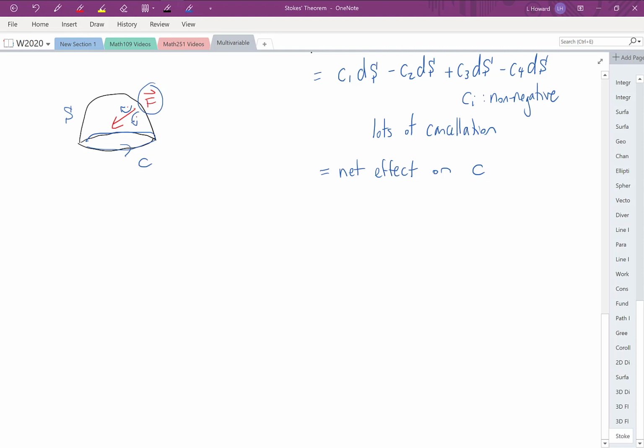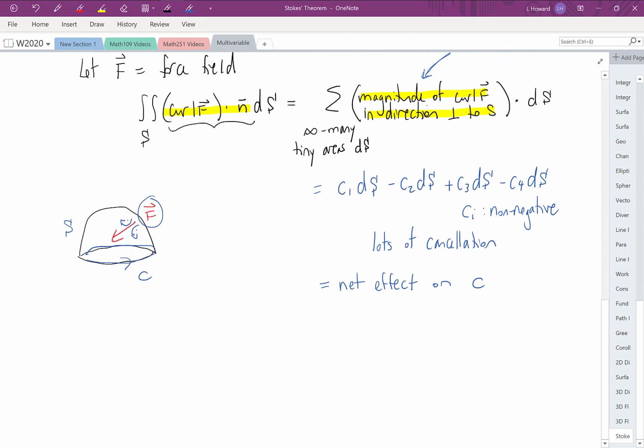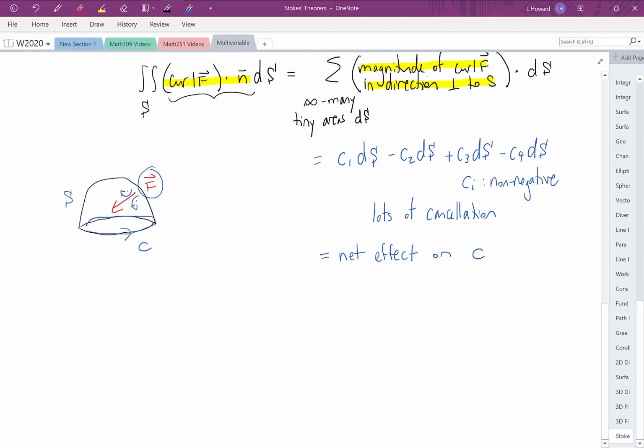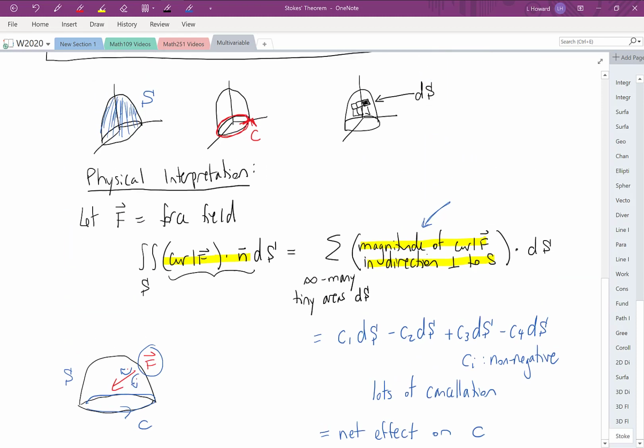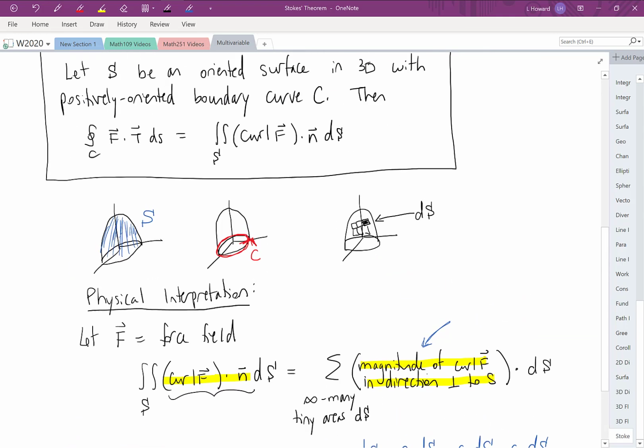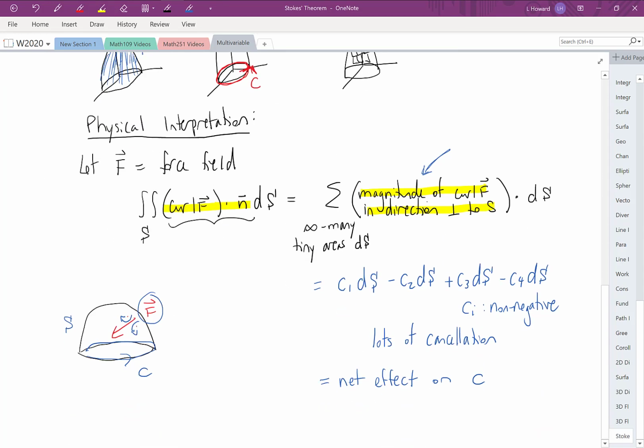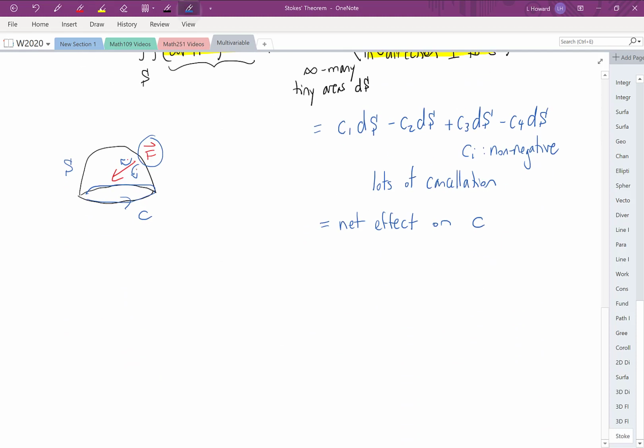Okay, so then to think about what the net effect on this curve C would be, well, let's just think about units. So on the right-hand side, let's scroll up to Stokes' equation for a second. On the right-hand side here, what we're integrating is curl of F dotted with n dS. So let's just think units there, and that will tell us what our net effect on C should be.